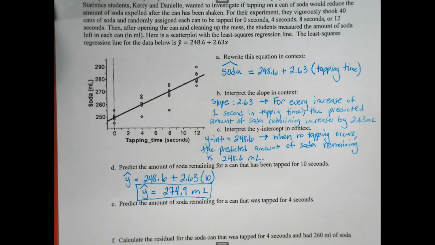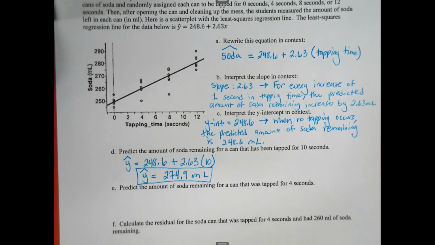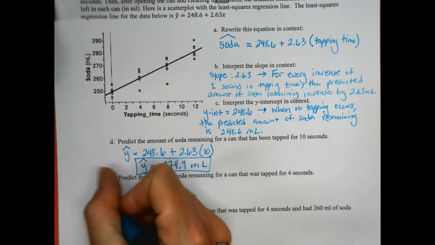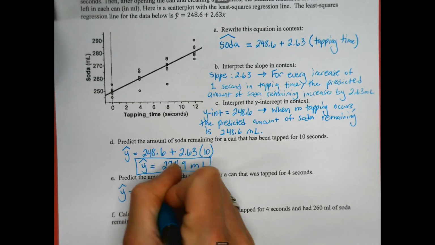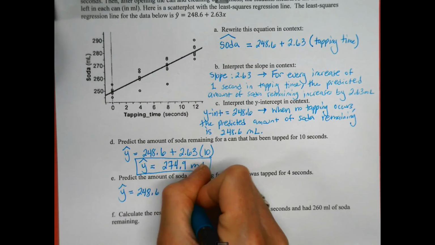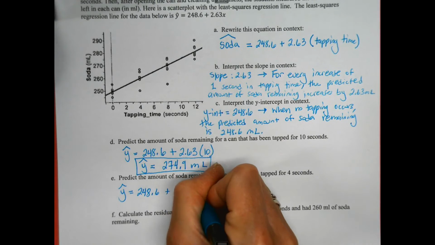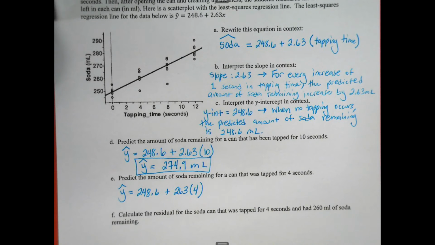Okay. For E, predict the amount of soda remaining for a can that was tapped for 4 seconds. All we need to do is, again, substitute into our equation. Y hat is equal to 248.6 plus 2.63 times 4. And then use our calculator.